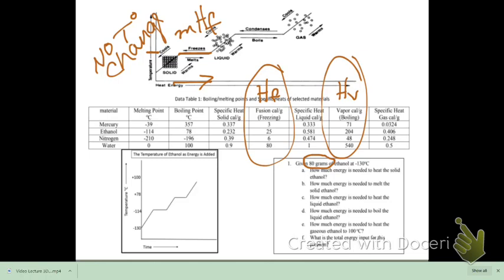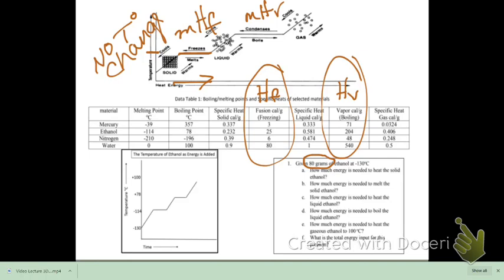Up here, I need the mass for condensing and boiling, and I need the heat of vaporization. And that will allow me to calculate the amount of heat that goes into boiling or condensing this substance. Again, take a pause, take a picture, write it down as you see fit.